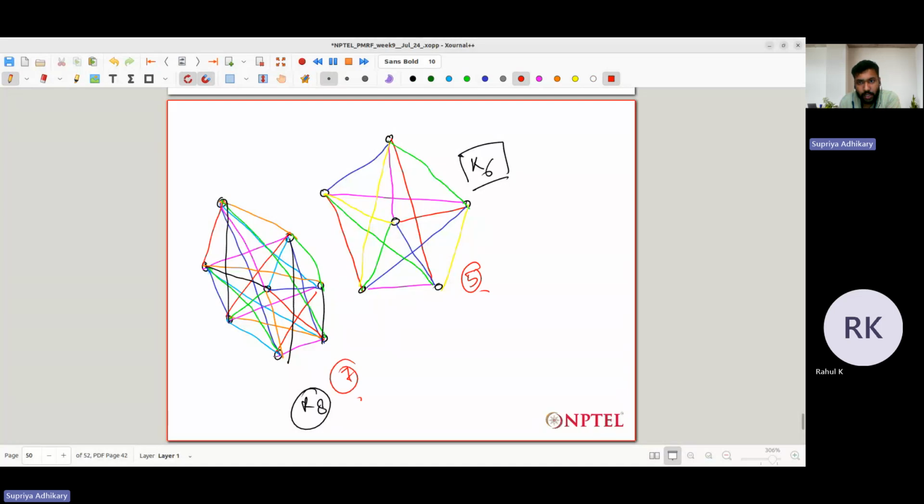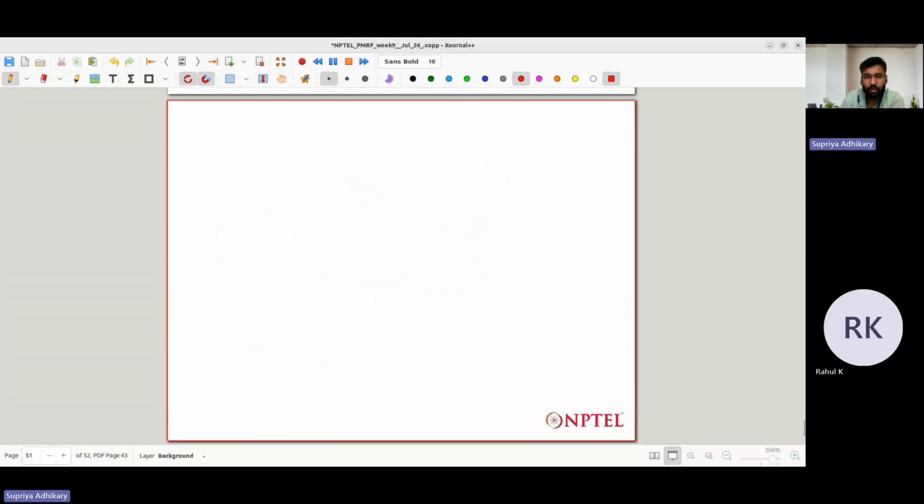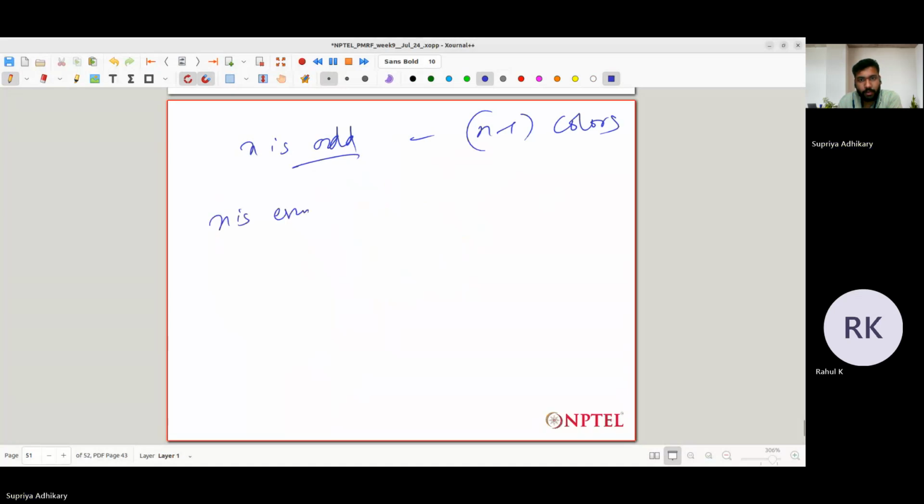So whenever n is even, sorry, if n is odd, we need n minus 1 colors. But whenever n is even, then basically what we do is we consider K(n+1).